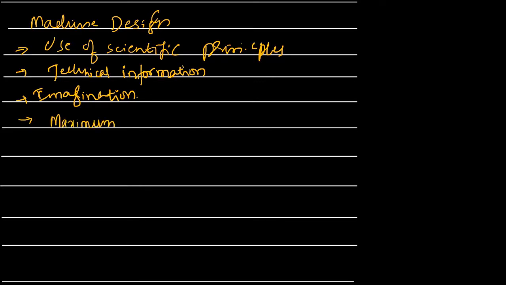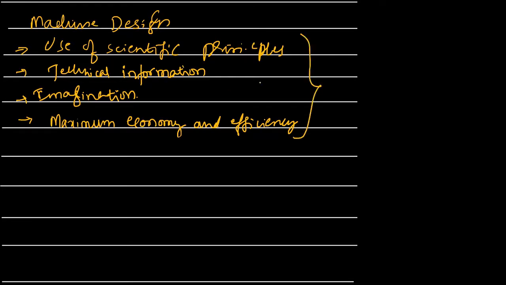So machine design is defined as the use of scientific principles, technical information and imagination in the description of a machine or a mechanical component or a mechanical system to perform specific functions with maximum economy and efficiency. This is the definition of machine design.